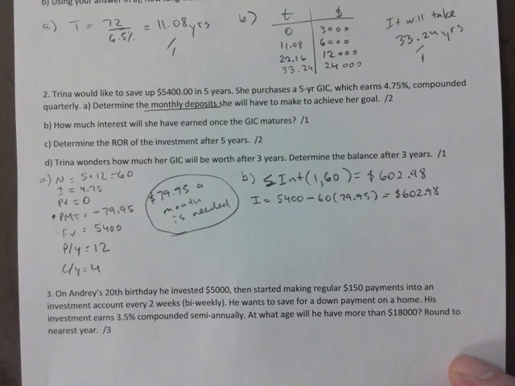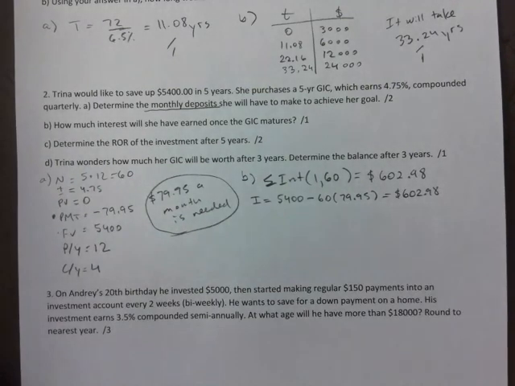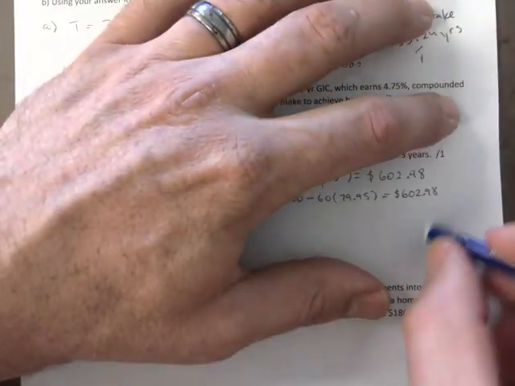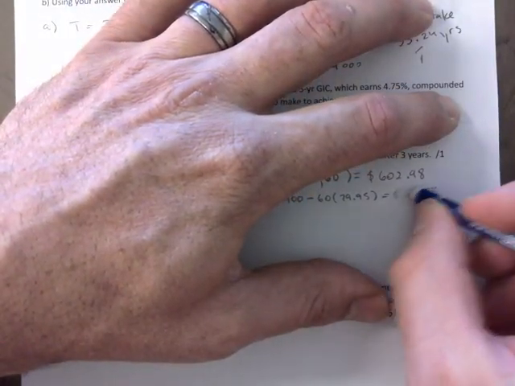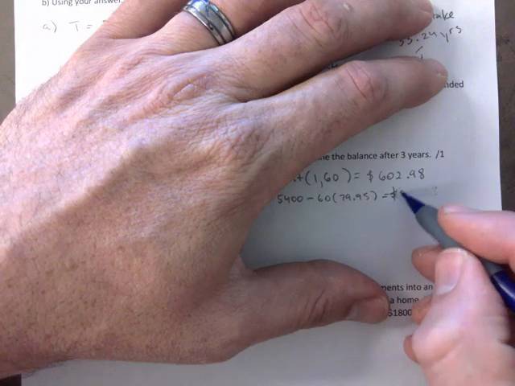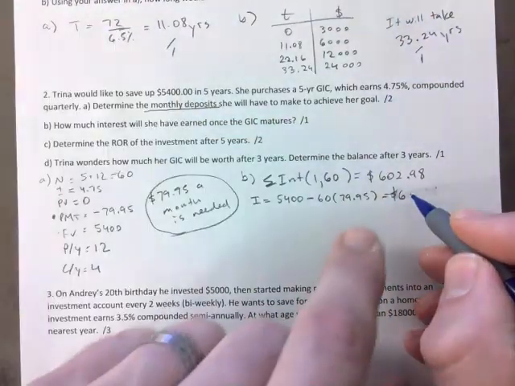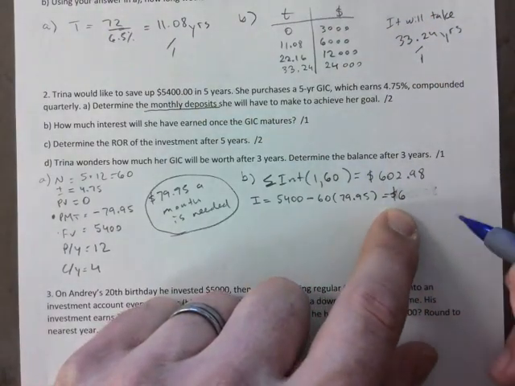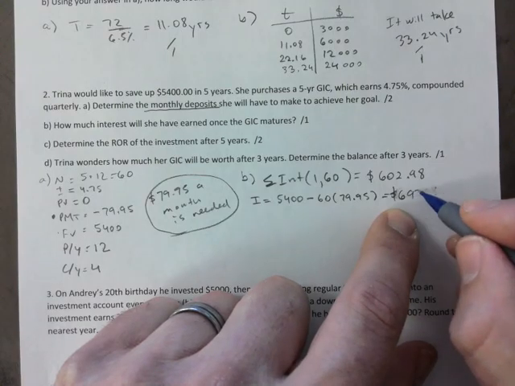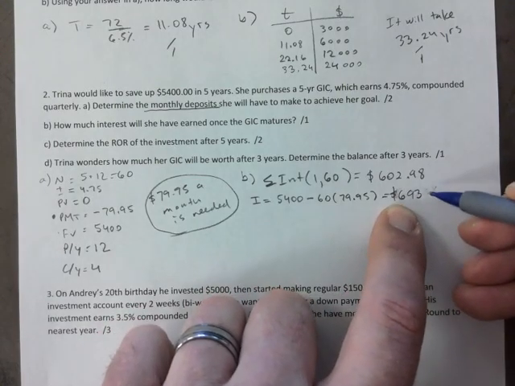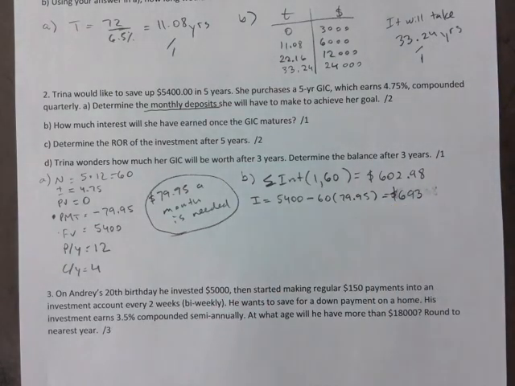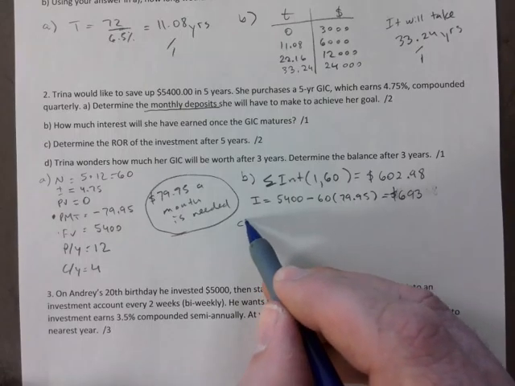Oh, actually, what's going on here? 693. 693 is if you do it by hand, sorry. And why is that? Because there's some rounding issues, but you do not lose any marks, okay? So you're off by 2 cents here, but it's fine. If you show your work, you will not lose any marks. You don't have to worry about it.